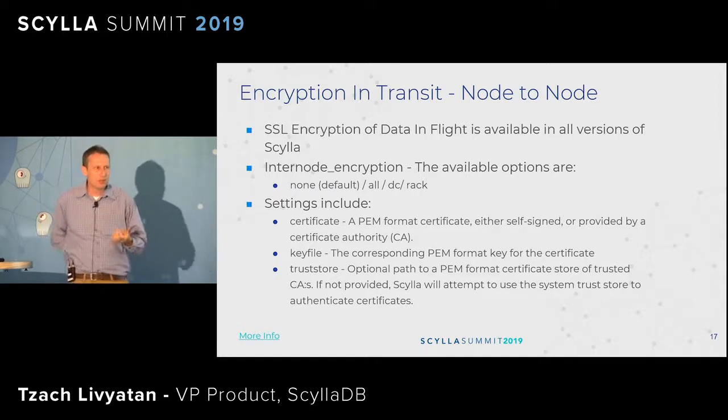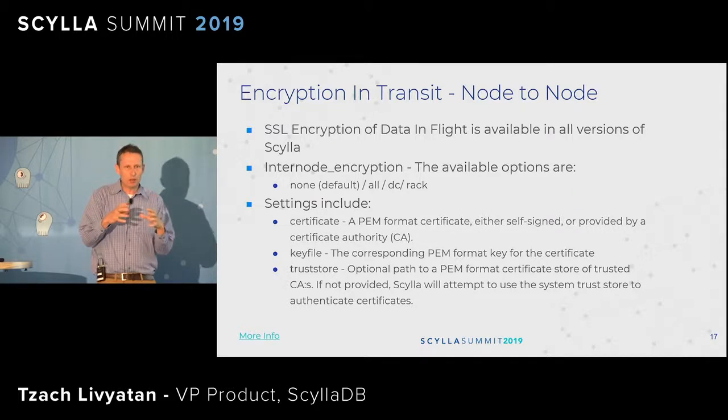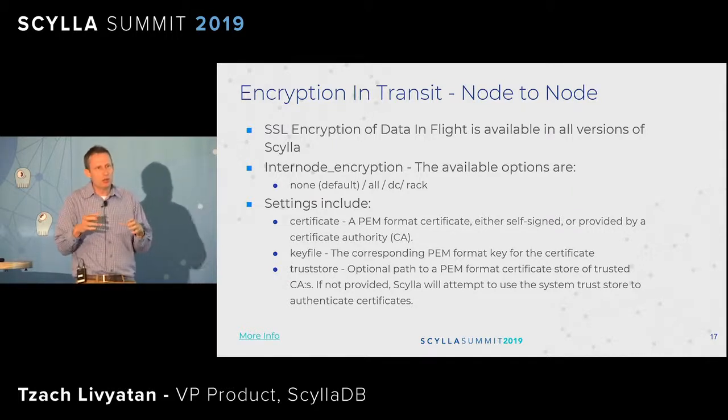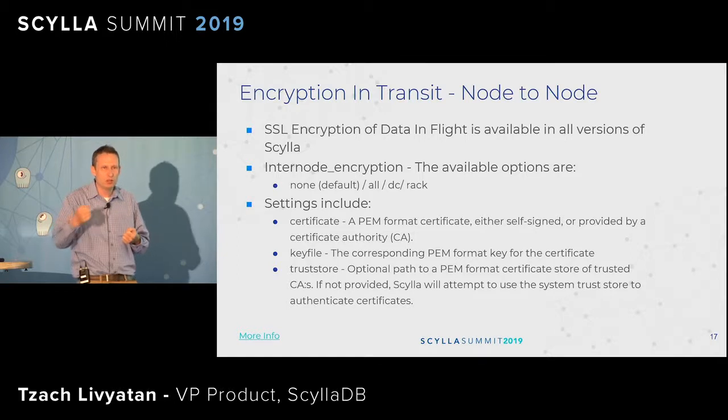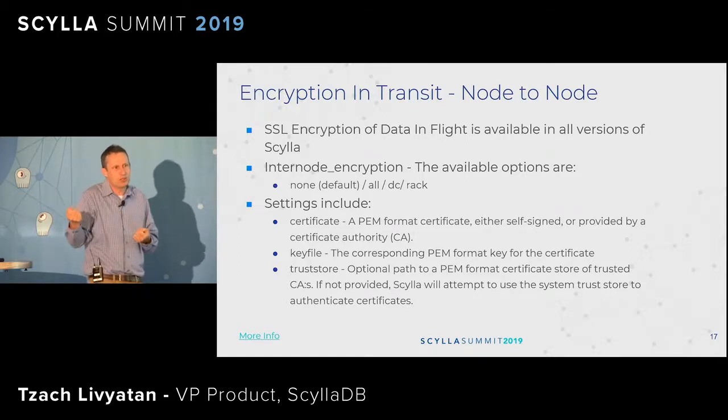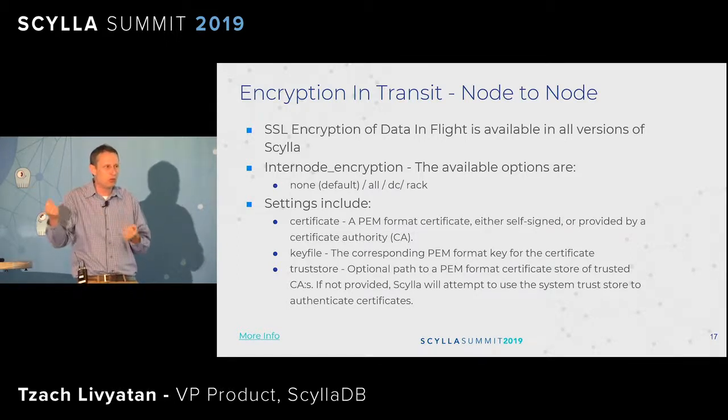In some cases, it makes sense because inside the region, all the IPs are private and it's less exposed. Maybe between data centers, you have to send it across regions or over the public internet, and it's more sensitive there, and you might want to encrypt just that.